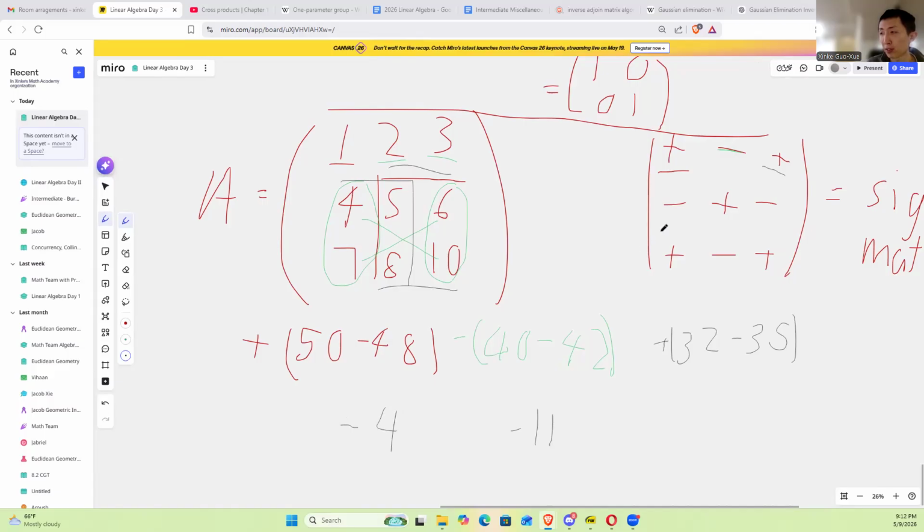But there's a negative sign there, so we negate it. For 6, we delete its row and column and are left with 1, 2, 7, 8. The determinant is 1 times 8 minus 2 times 7, which is negative 6. The sign here is negative 1, so we put a negative.